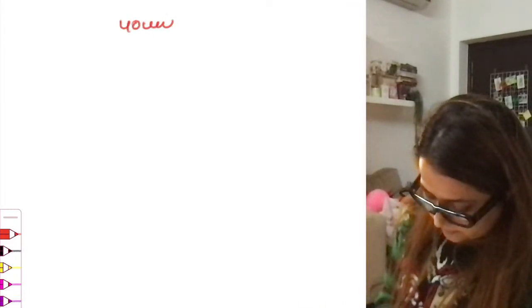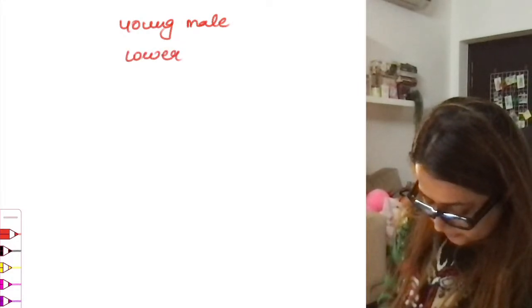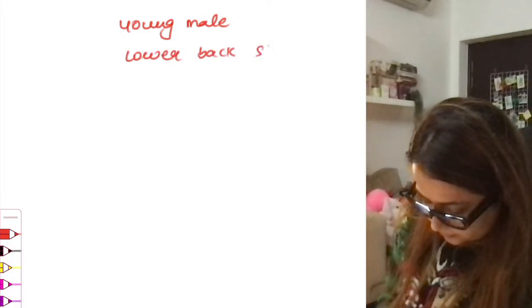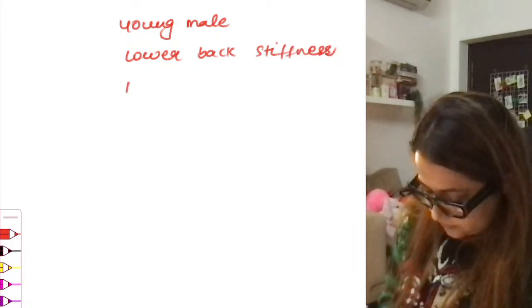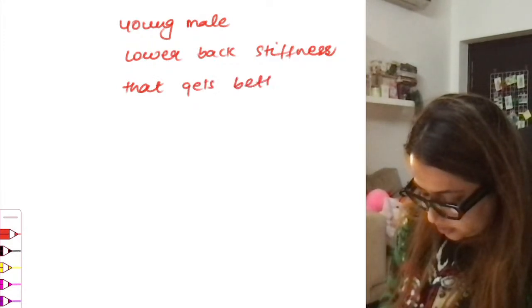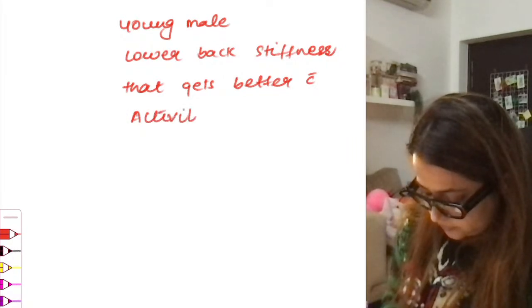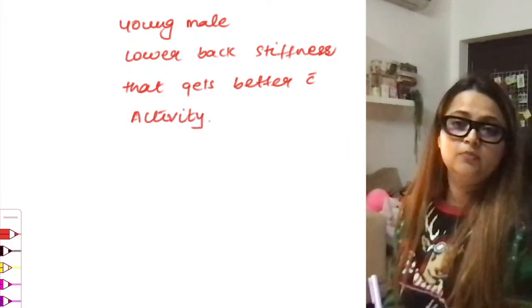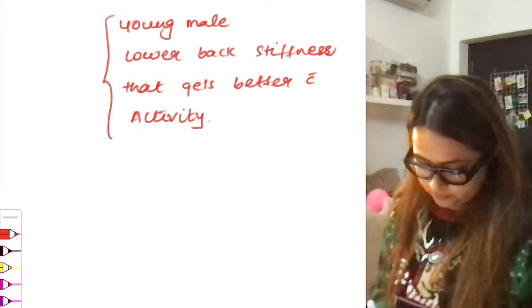Supposing in the question they write a few points in the history, like a young male coming to you with lower back stiffness that gets better with activity. What can you think about?